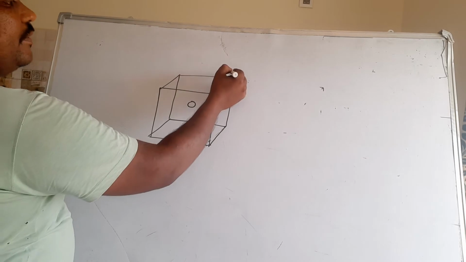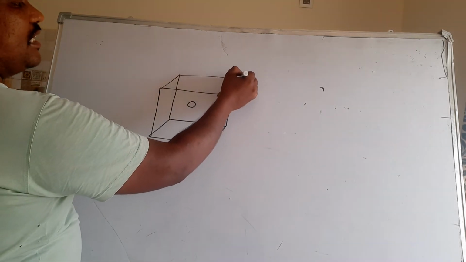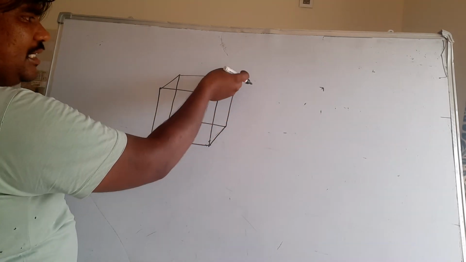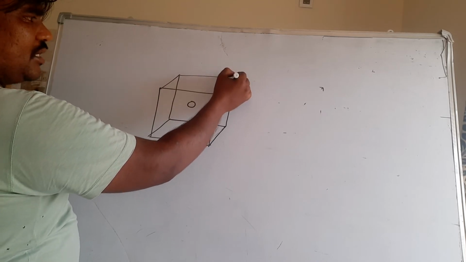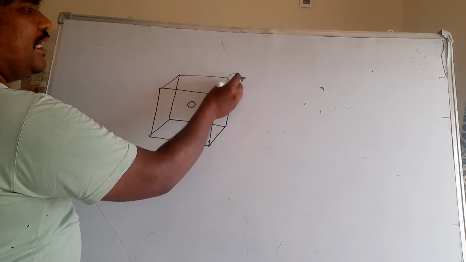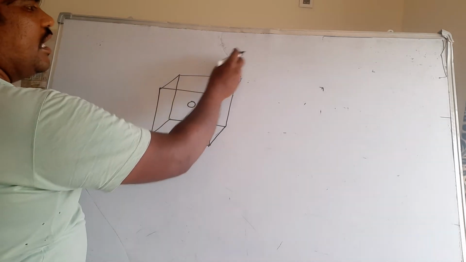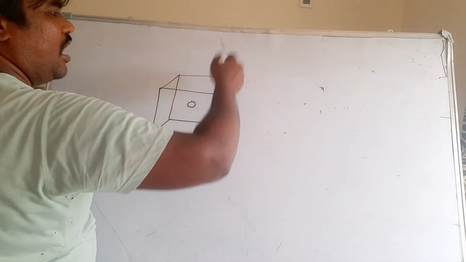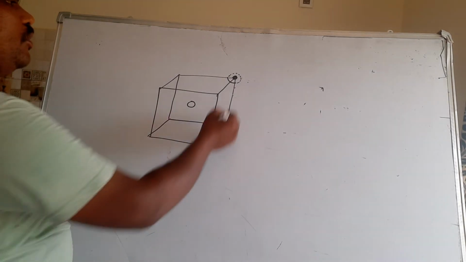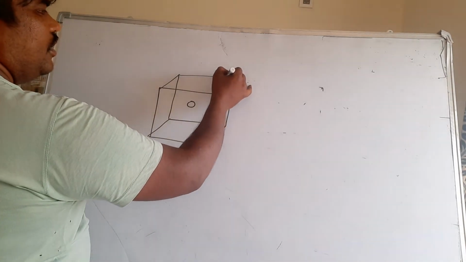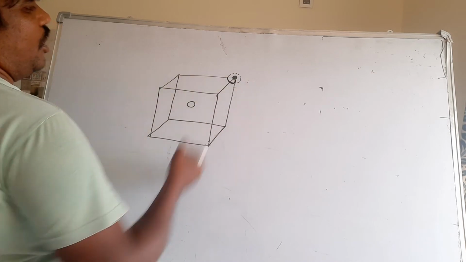That means a lattice point at a corner does not belong 100% to this corner, right? Only some percentage belongs to this corner, and the rest belongs to other unit cells also.